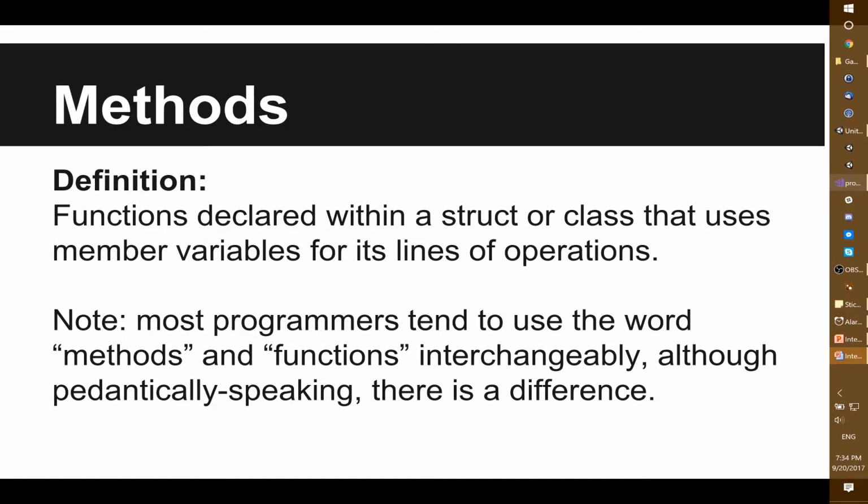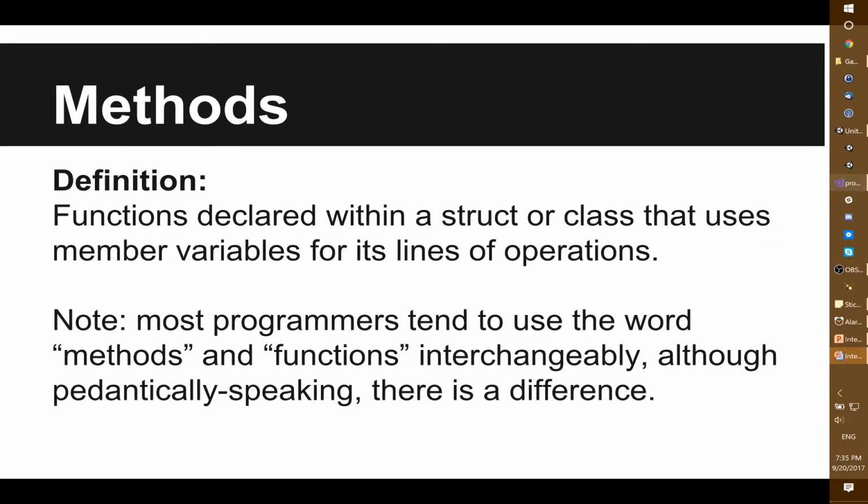So methods. Methods is just another name for a function. It's basically a subset of a function in a lot of ways. They are functions declared within a struct or a class that use a member variable for their lines of operation. A lot of programmers tend to use methods and functions interchangeably. Pedantically, there is a difference.